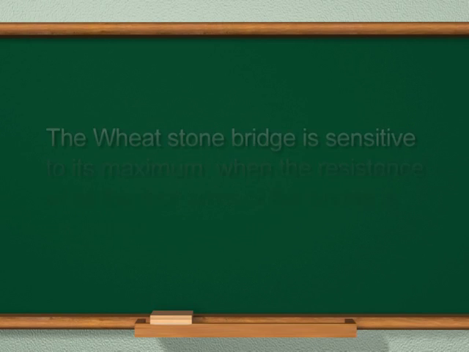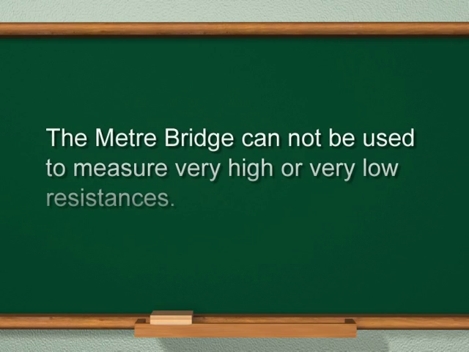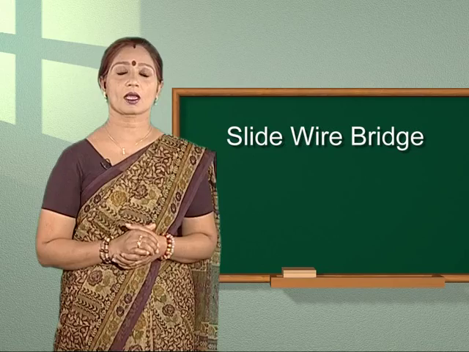Secondly, the Wheatstone bridge is sensitive to its maximum when the resistance of all the four arms of the bridge is the same. Then, the meter bridge cannot be used to measure very high or very low resistances. And after all, the balanced position of meter bridge is not affected on interchanging the positions of battery and galvanometer.